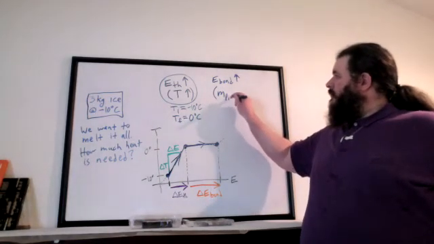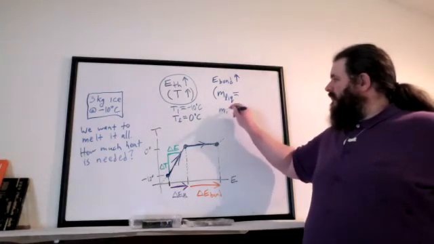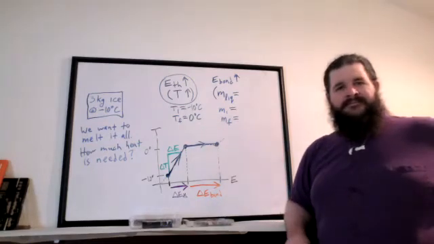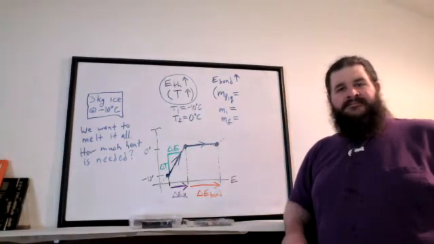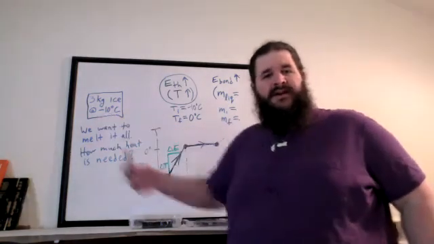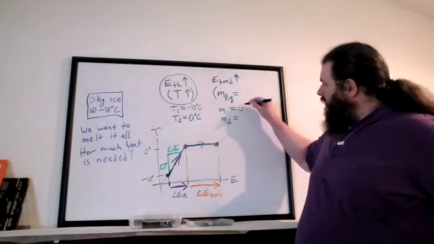And the mass of liquid, if we take a look at these starting and ending values, how much liquid did we start with? 0. In the situation, we had no liquid at all. It was all solid. So we started with 0 kilograms of liquid.